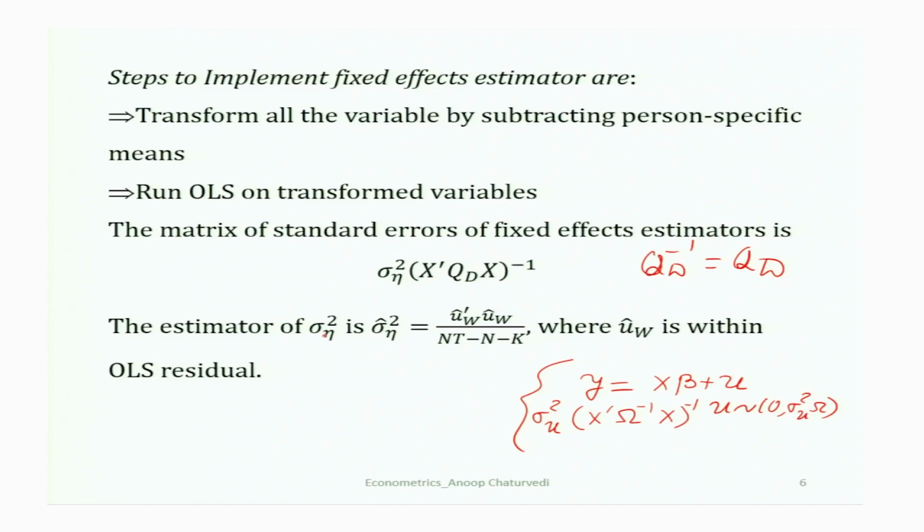Then the estimator of sigma square eta is sigma hat square eta equal to u hat W transpose u hat W upon nT minus N minus K, where u hat W is actually the within OLS residual, the residual after using this within estimator beta hat W.